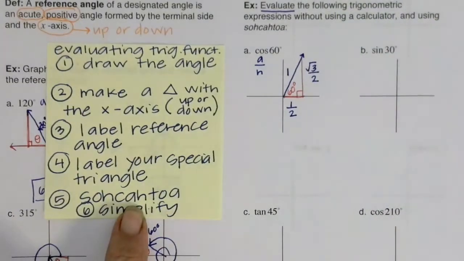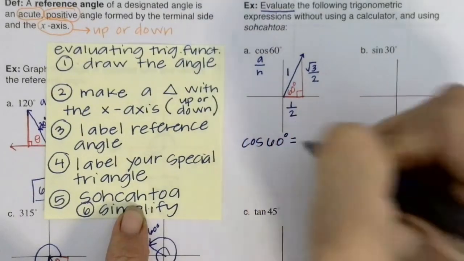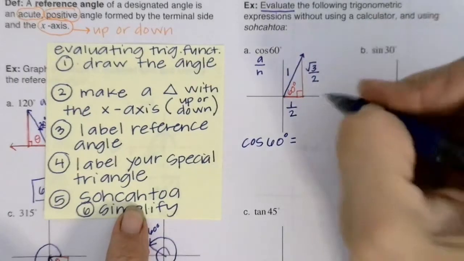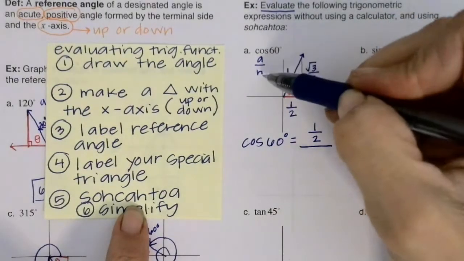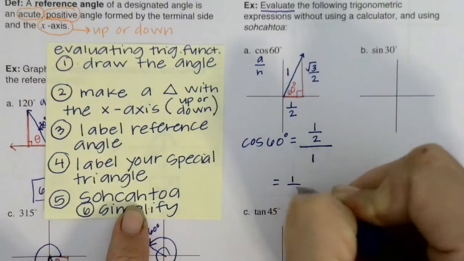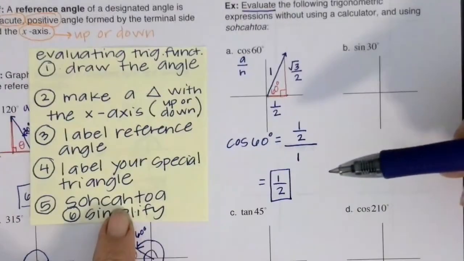So the cosine of 60 degrees is equal to adjacent, which is 1/2, divided by the hypotenuse or the radius, which is 1, so that equals 1/2. Okay, there's the value that I was talking about. It's a value of 1/2.